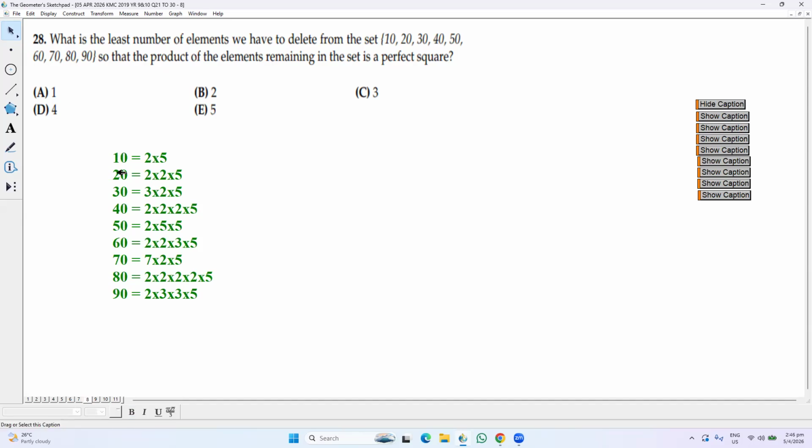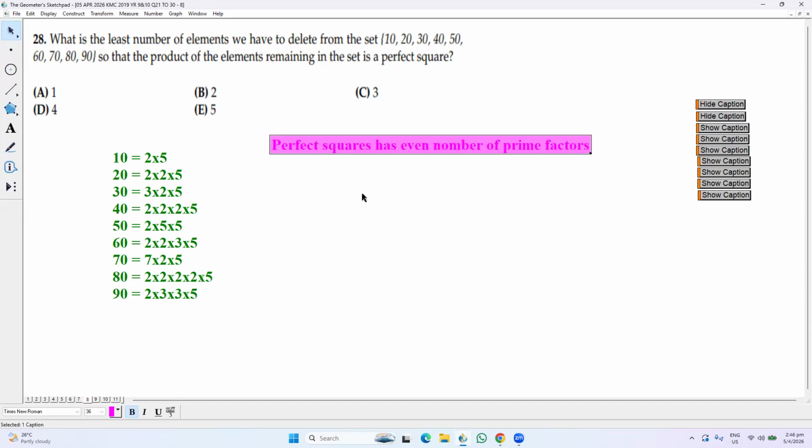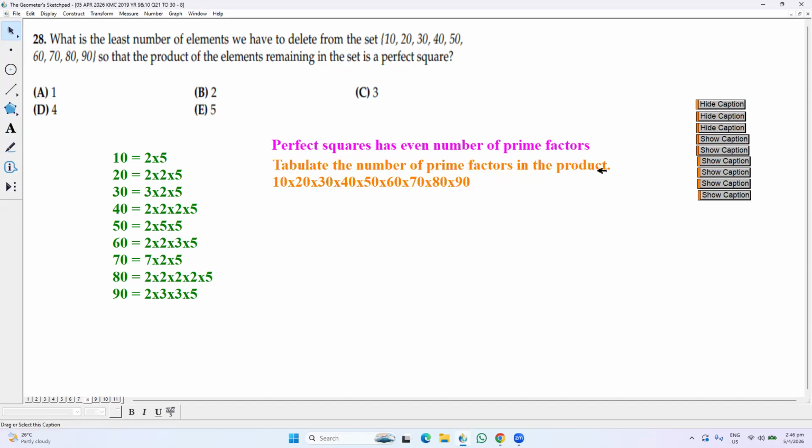So we write all the numbers in the product as products of prime factors. Then we count. Perfect square has an even number of prime factors. So we count how many twos are there, how many threes, and 5 and 7. So tabulate the number of prime factors in the product 10, 20 until 90.